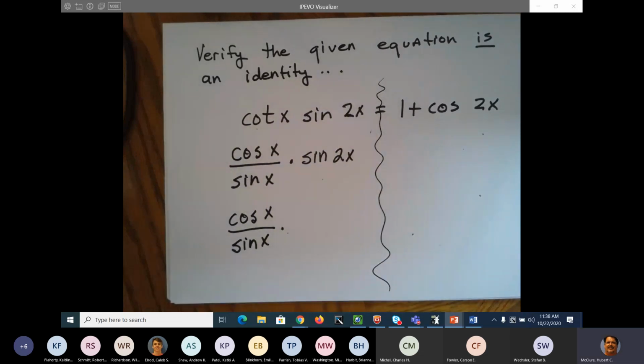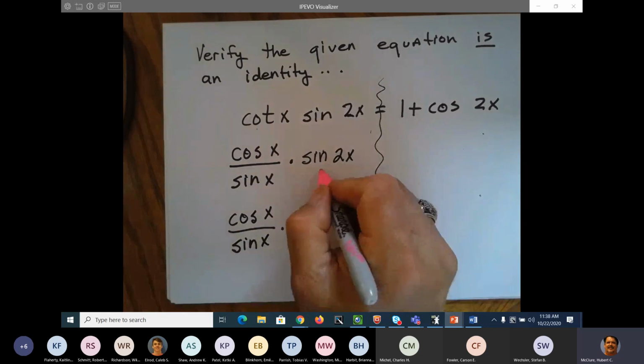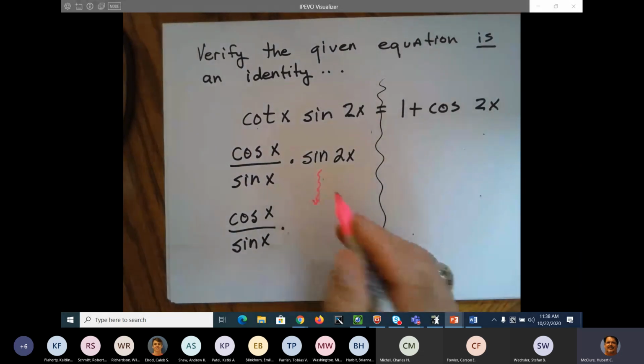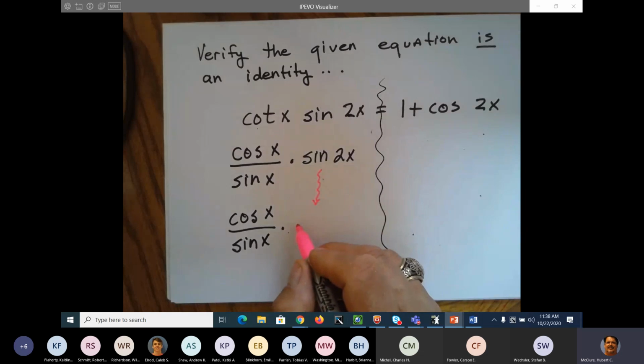I'm going to rewrite this. Since we are doing double angles, I'm going to write in a different color. That would be 2 sine cosine.